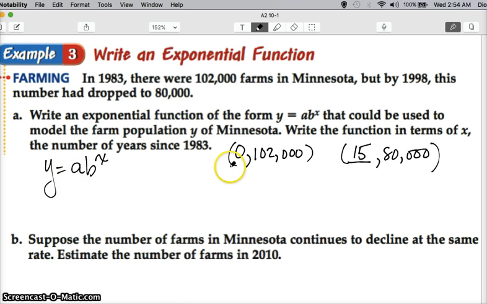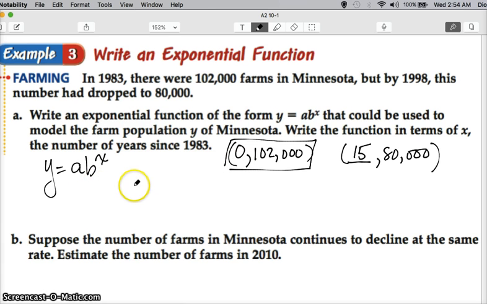Anytime you have a 0 point, this would be the y-intercept, because we have 0 for x and we have a y value. Anytime you have the y-intercept, that's super huge when you're dealing with an exponential function. So watch this.